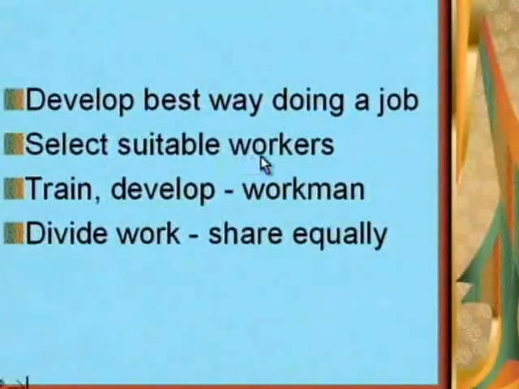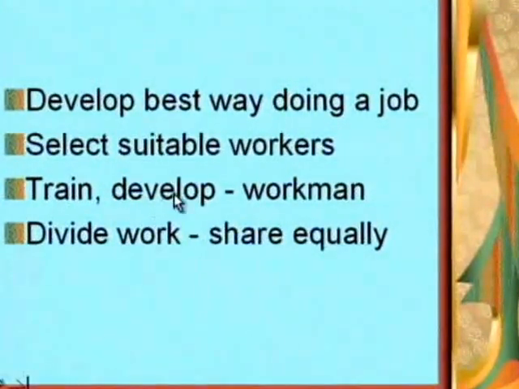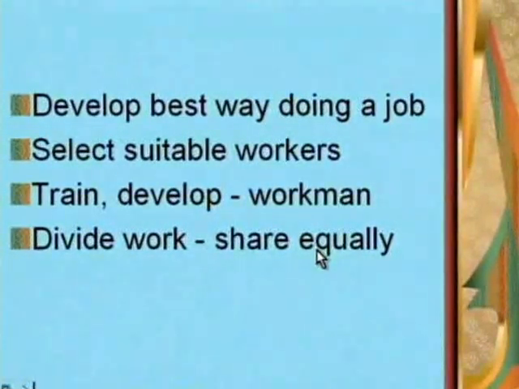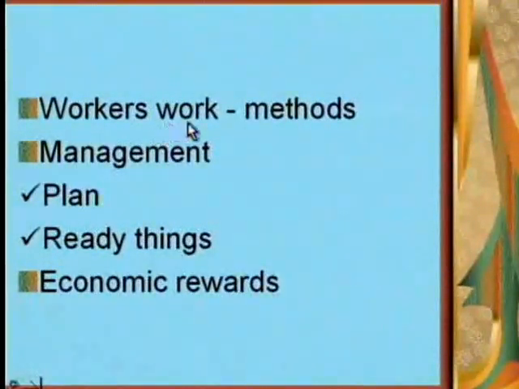Select suitable workers, train and develop workmen, divide work, share equally. So the work must be divided between the management and the workman, and the day's work must be divided equally between the management and workman. Workers work with methods.